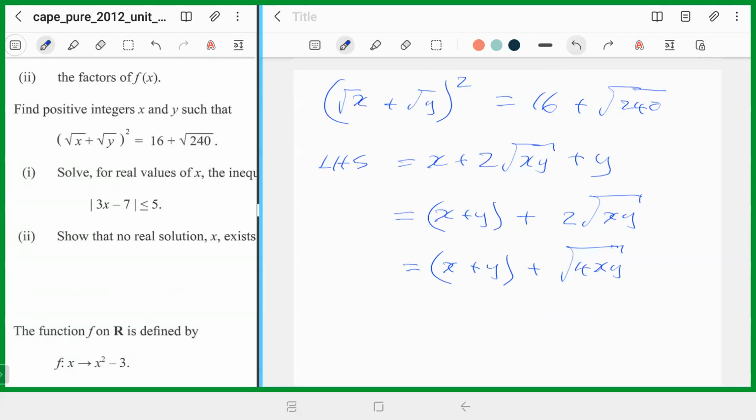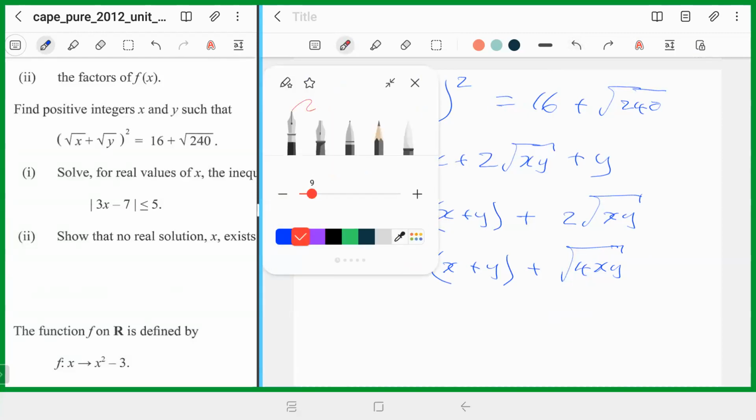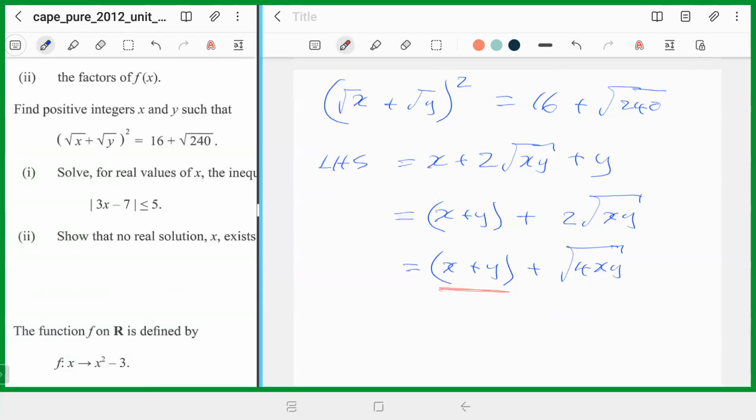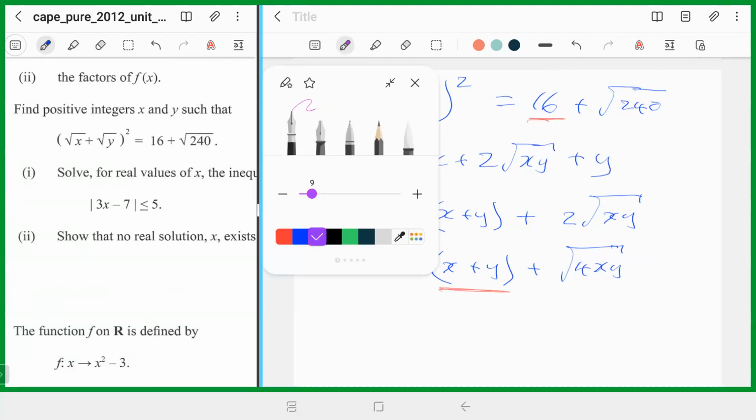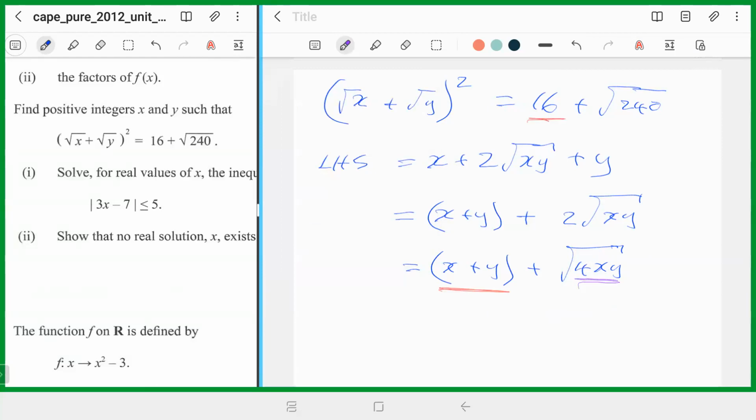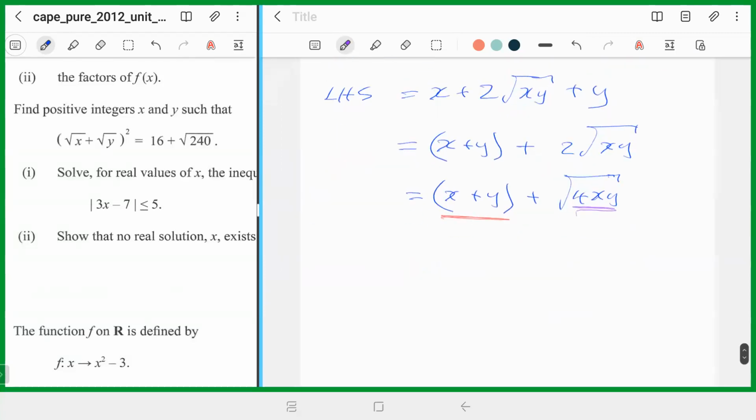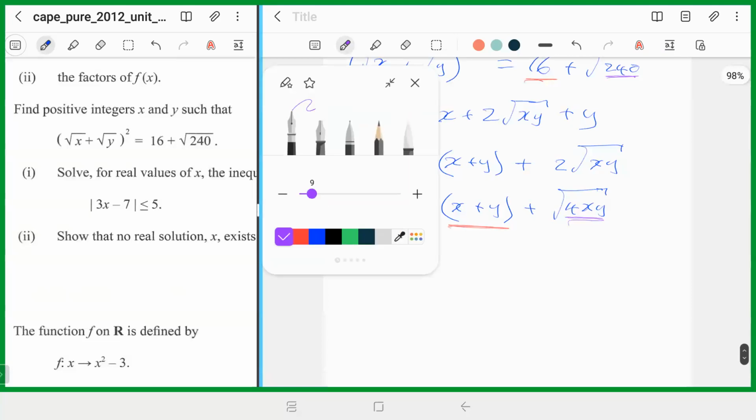Therefore, this x plus y is equal to 16. And it also means that what is under the square root is equal to root 240. We compare them.